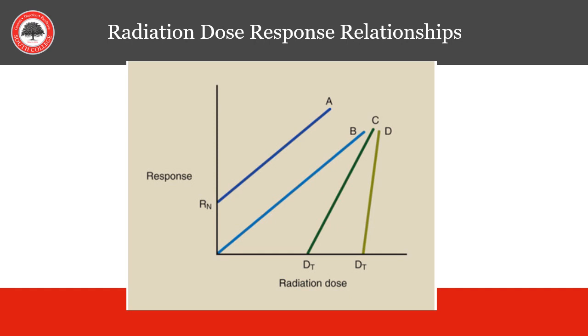Both A and B are what are called linear non-threshold. Non-threshold means the dose is 0. So A and B are both linear non-threshold. C and D are considered linear also because they're straight lines, but they're called threshold because they start up at a dose above 0.